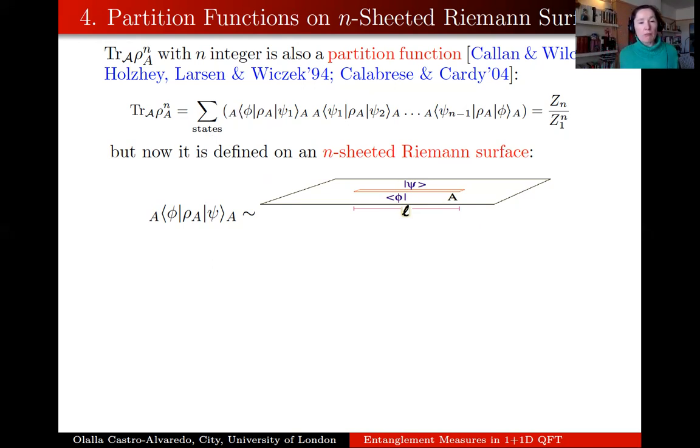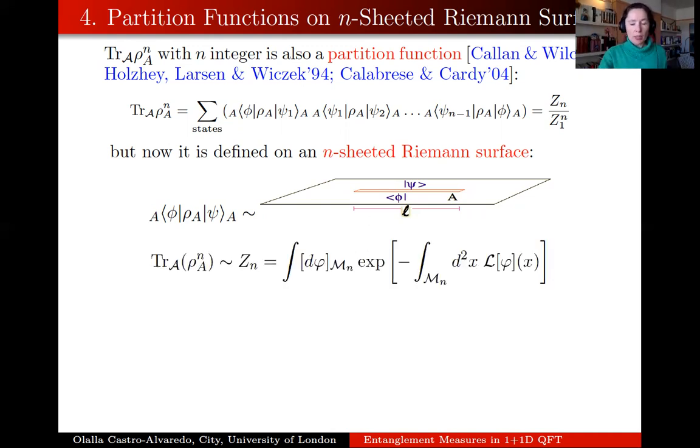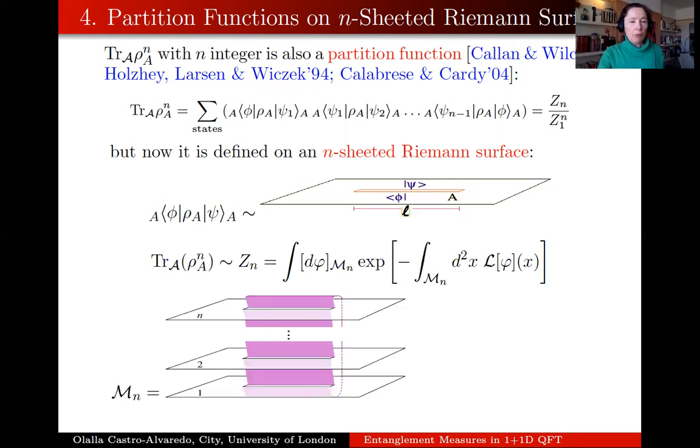Now, this object can be interpreted as a partition function, properly normalized. So it's the partition function Z_n divided by Z_1 to the n. We normalize it like this just to make sure that when n goes to 1, this becomes 1. And so what is the effect of constructing this trace of rho to the n? Well, if we see each matrix element as this sheet of the complex plane, having many of these matrix elements put together could be visualized as a Riemann surface such as this.